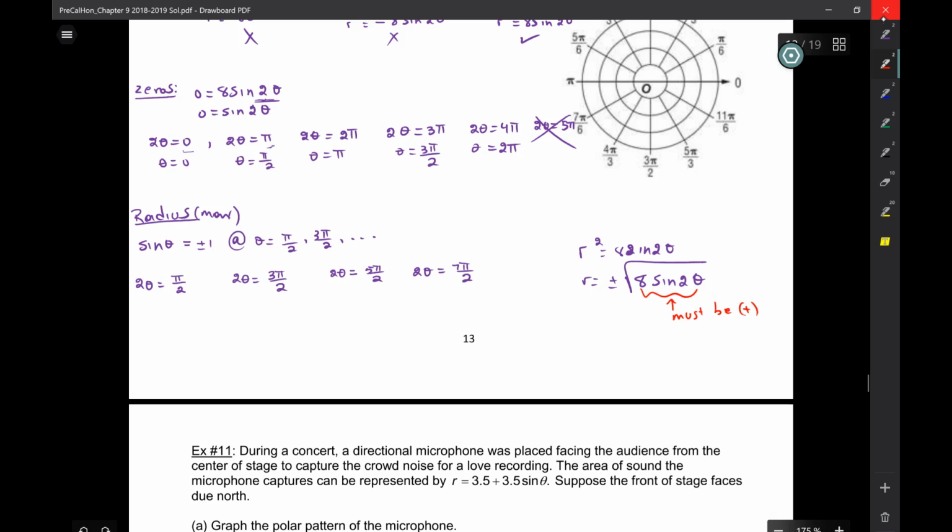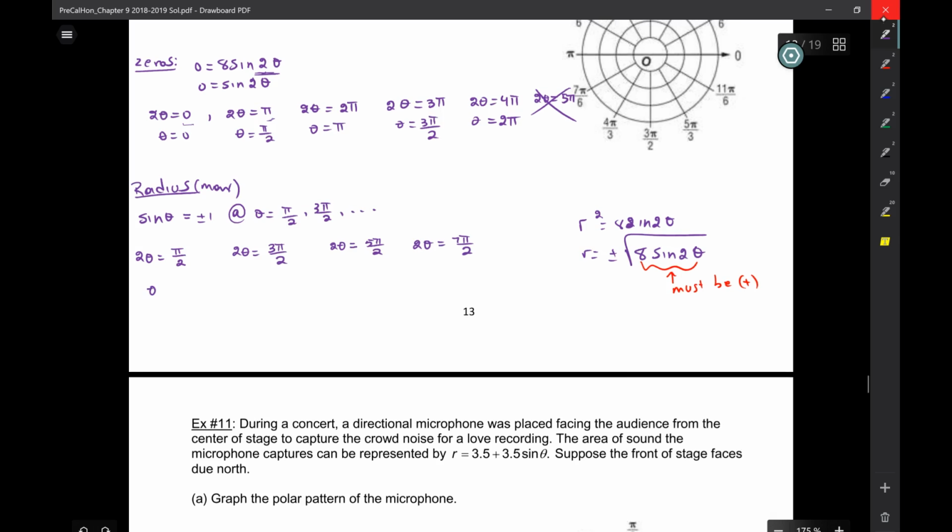So what is theta equal to? Pi over 4, 3 pi over 4, 5 pi over 4, 7 pi over 4.